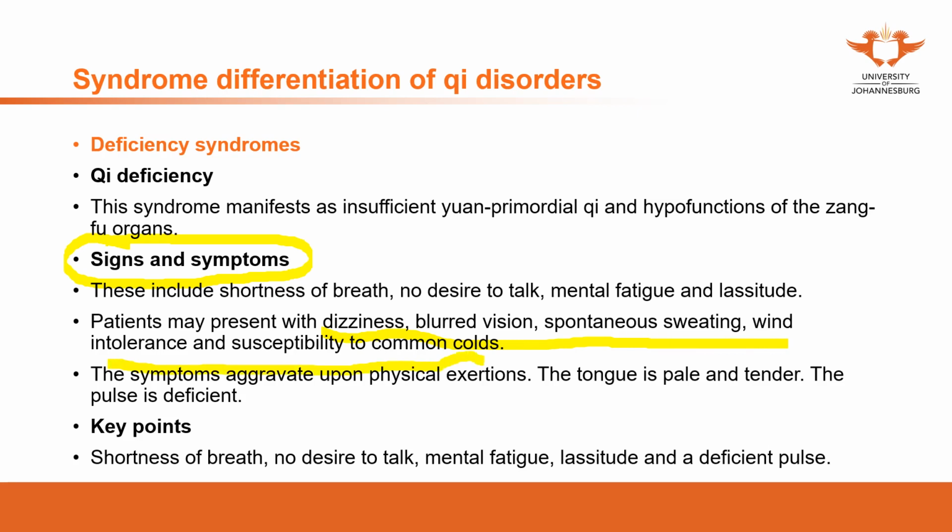In a test, if you are asked to explain the symptoms and you write that Qi deficiency, the patient may present spontaneous sweating, that's not enough for your marks. You need to tell me the cause of spontaneous sweating is because the Qi loses its confining function. That's why the patient will present with spontaneous sweating.